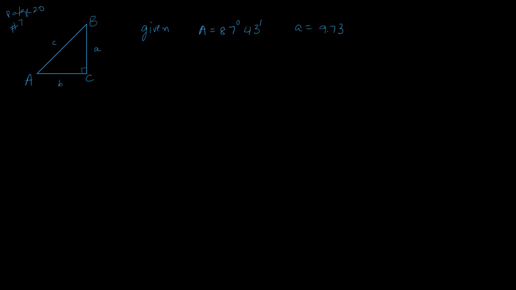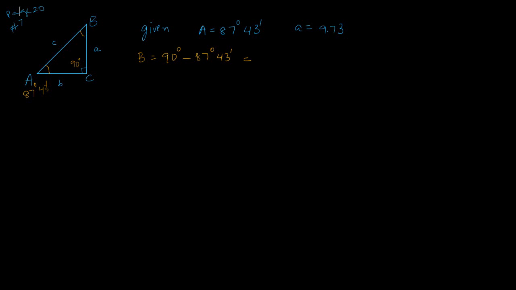So let's just mark what we know. We know this angle is 87 degrees 43 minutes. We know that this is a right angle triangle, so the sum of the angles of a triangle is 180 degrees. But when you're dealing with a right angle triangle, you know this is always 90 degrees. So to find the missing angle, which would be B, all you have to do is subtract the given angle from 90 degrees.